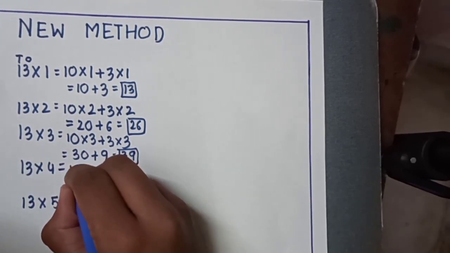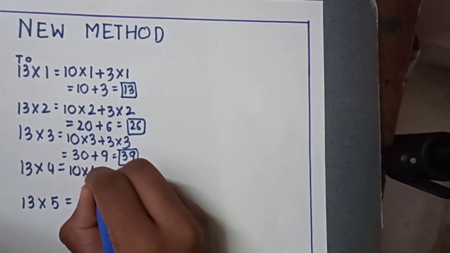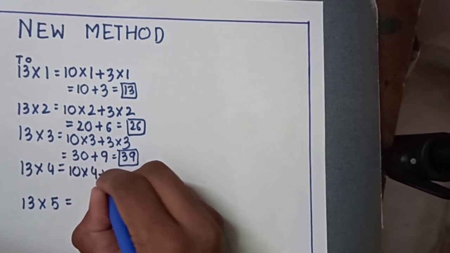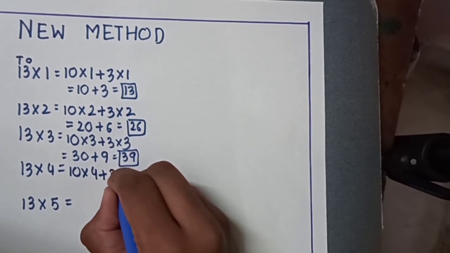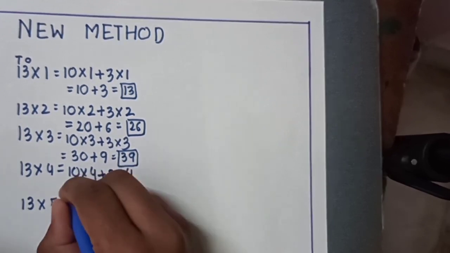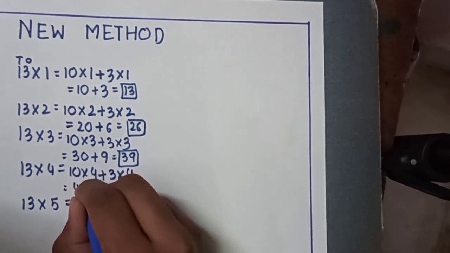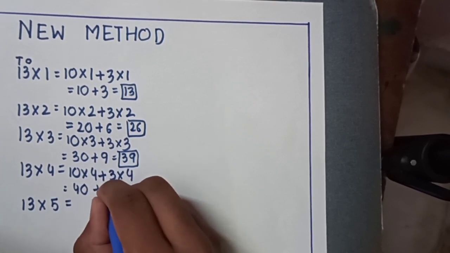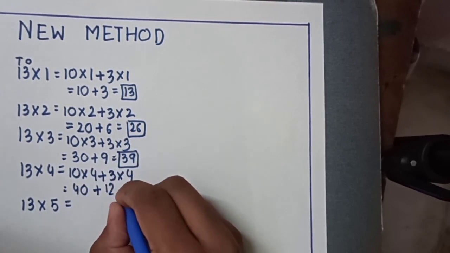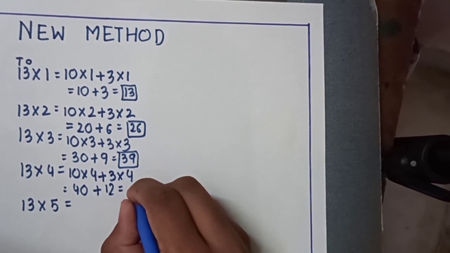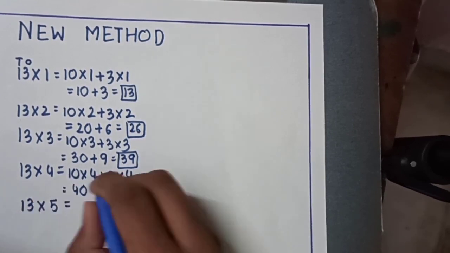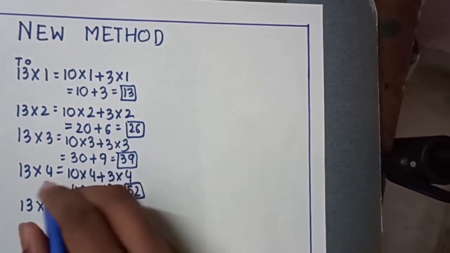Now 10 into 4 plus 3 into 4. So we get 40 plus 12 is equal to 52. So the answer we obtained is 52.